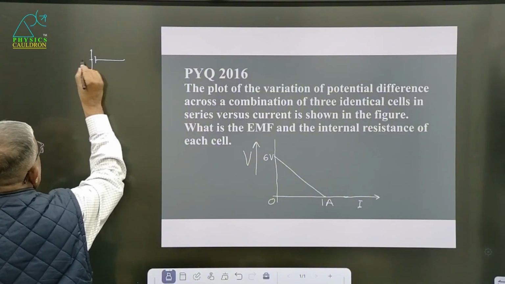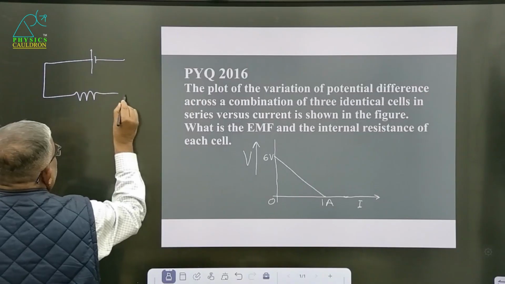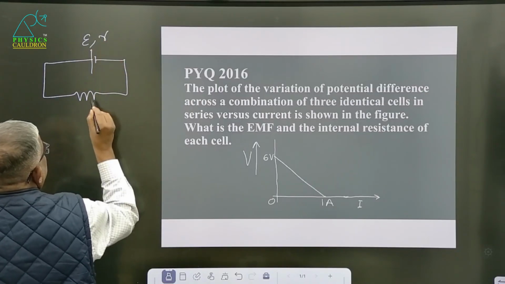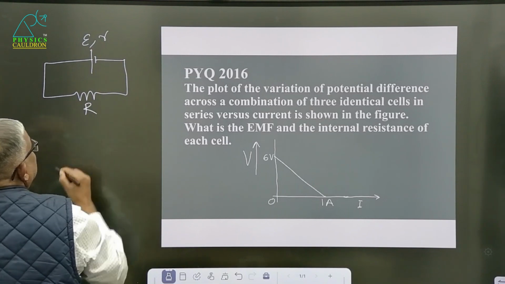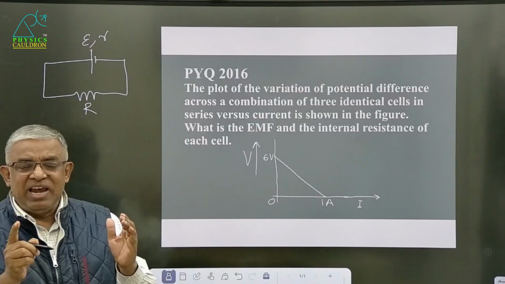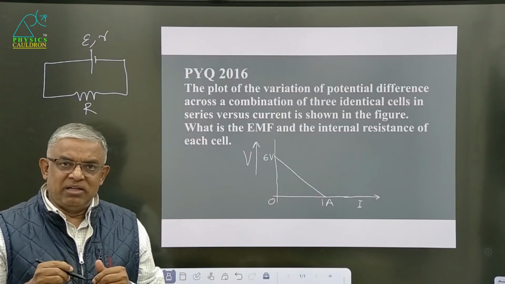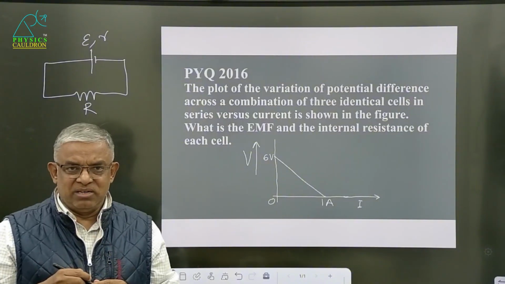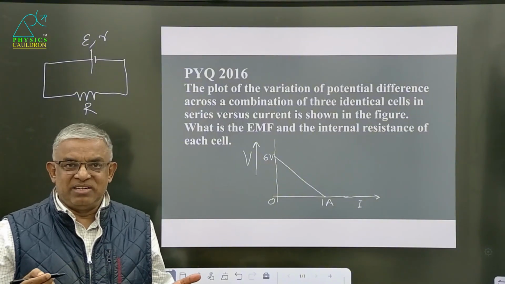Now, as you know, when a cell is connected to a circuit, in fact, here is the simplest circuit. The cell has EMF, the internal resistance, and the external resistance. First of all, what is internal resistance? We say a cell has an electrolyte. The flow of charge carriers through the electrolyte faces some hindrance.